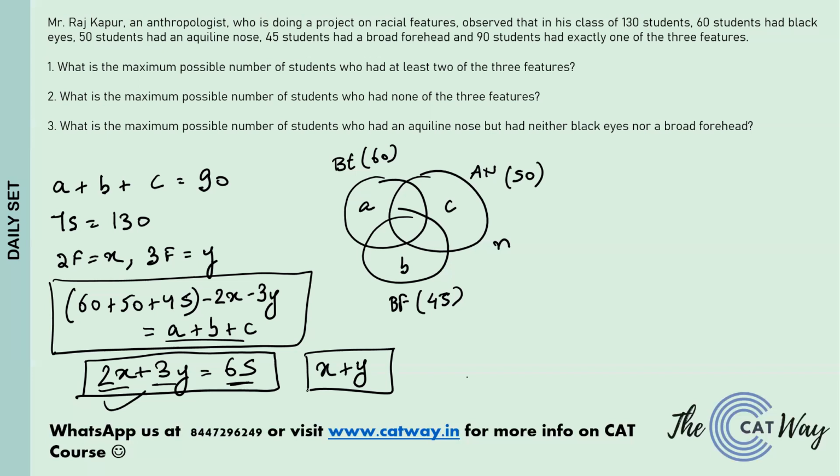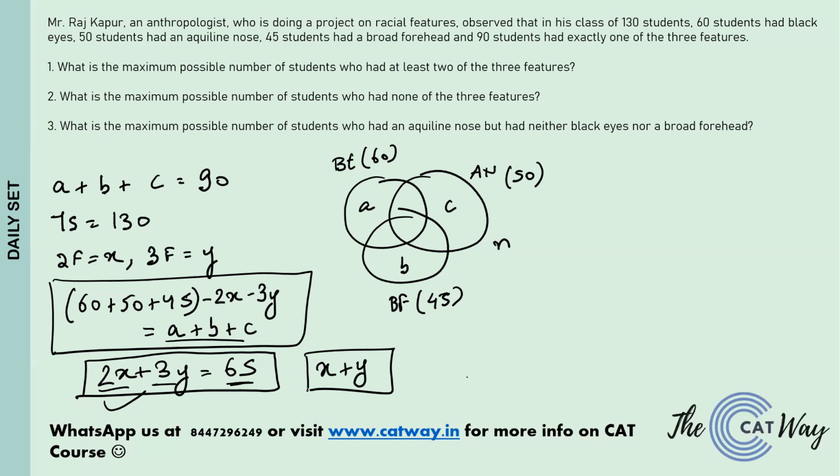So we have to find the maximum value of x plus y. Now to find the maximum value of x plus y, you will have to maximize x. Why do we have to maximize x? Because if you maximize y, the quantity increment would be in multiples of 3. So we'll take x to be the maximum, so that the number of people who are counted thrice in this 65 is the lowest.